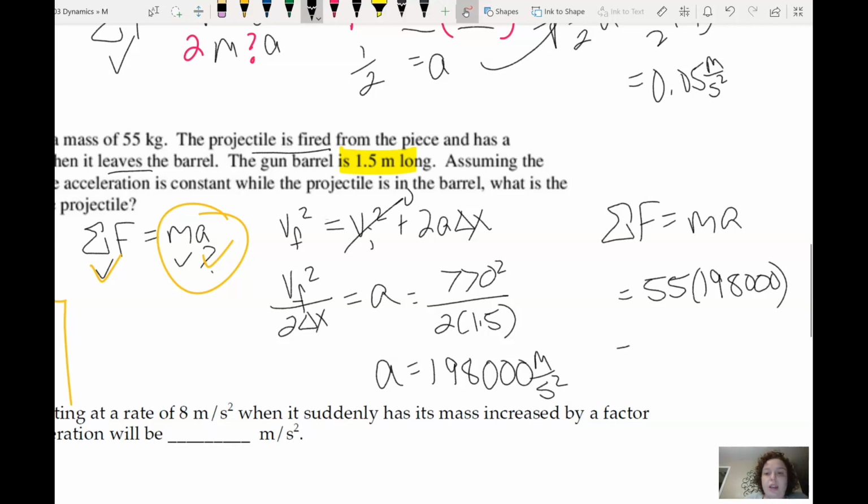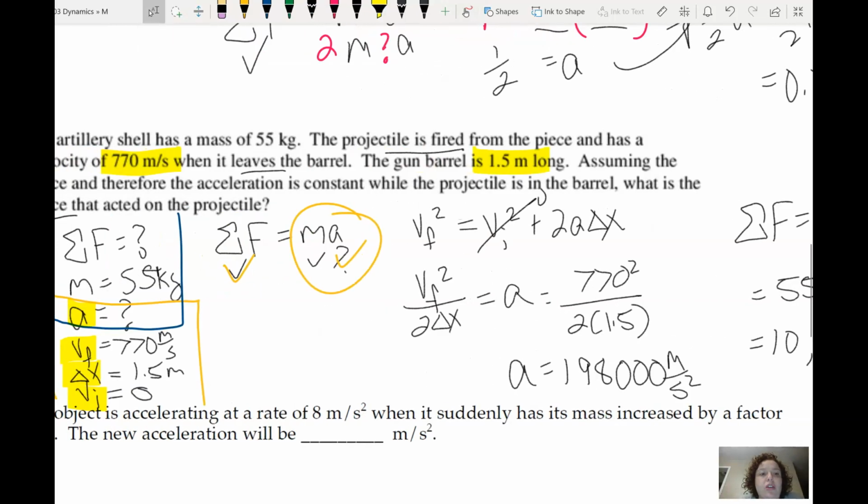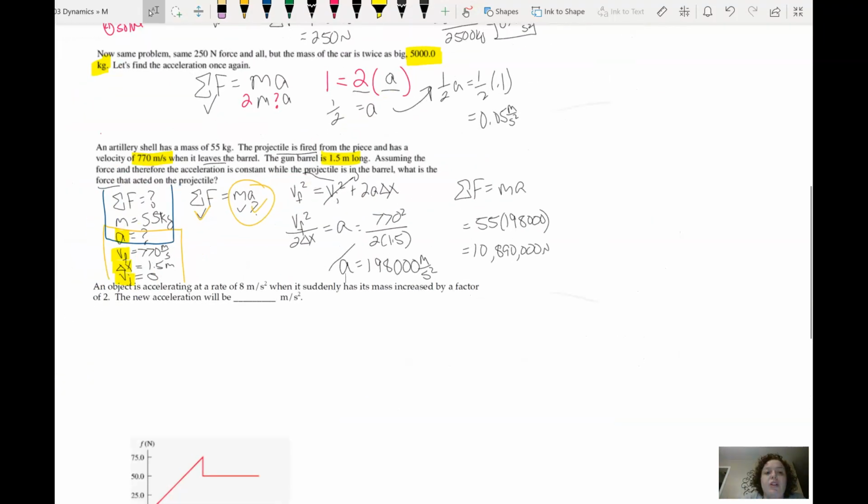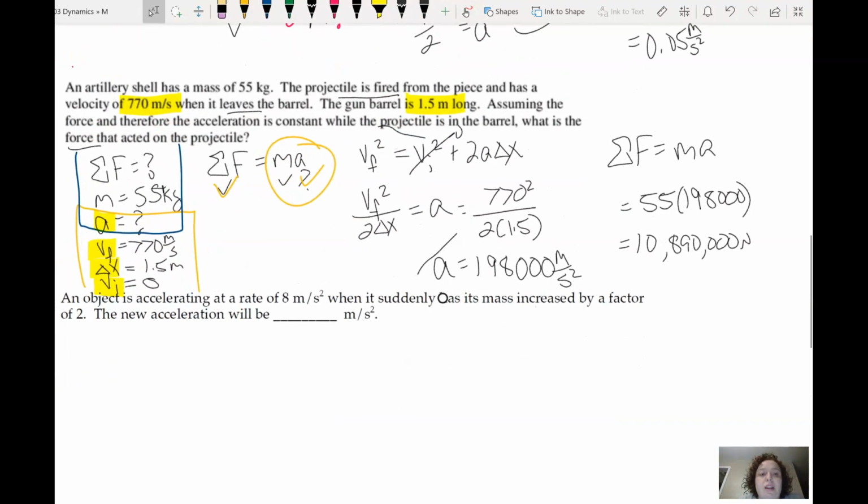So we're looking at a force of 10,890,000 newtons. Ouch. That's going to hurt. That's how things get blown up. So that's how we do a double-step problem. Basically, you've got force equals ma on one part of it, and then you've got kinematics on the other.